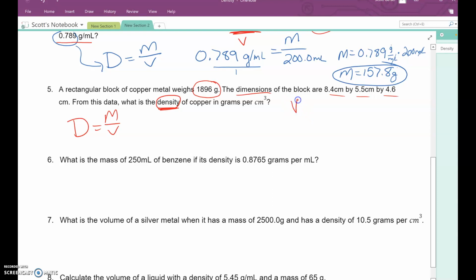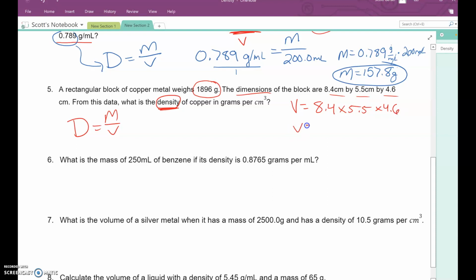Can you guys tell me how to find the volume of that block? It's just your generic prism, like a Kleenex box or something like that. You would end up multiplying all those together: 8.4 times 5.5 times 4.6. All those are centimeters.